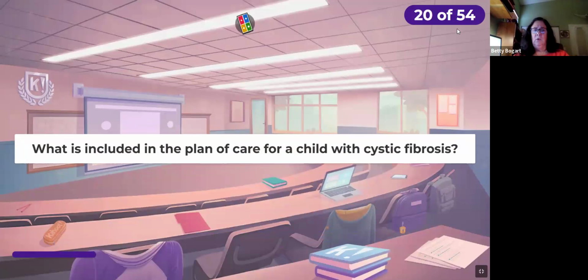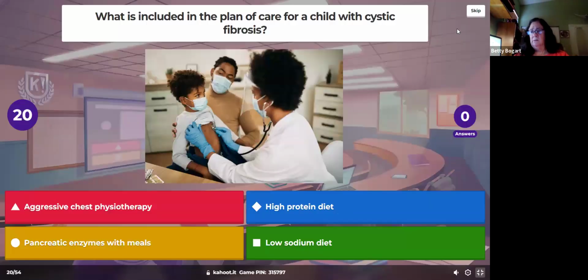What is included in the plan of care for a child with cystic fibrosis? So remember, cystic fibrosis is a multi-system problem. It affects what? It affects lungs. It affects nutrition.